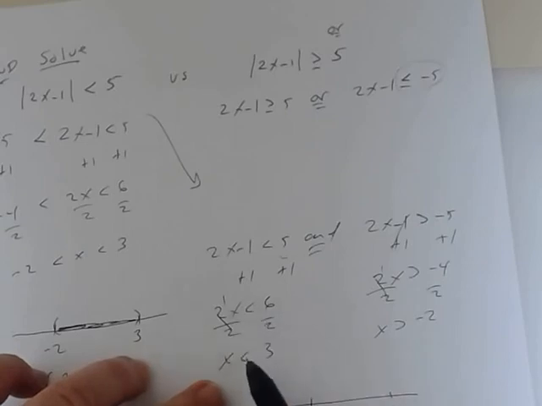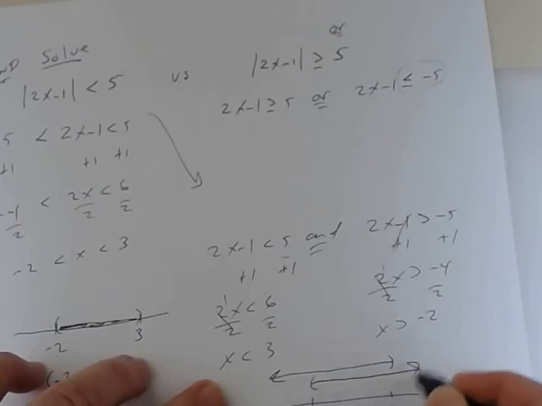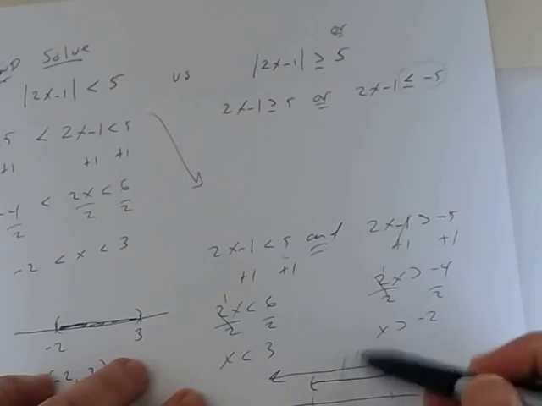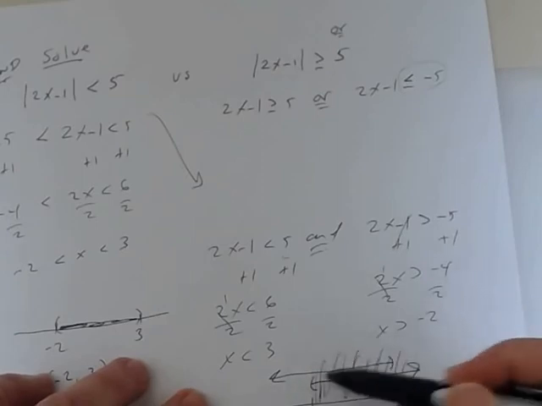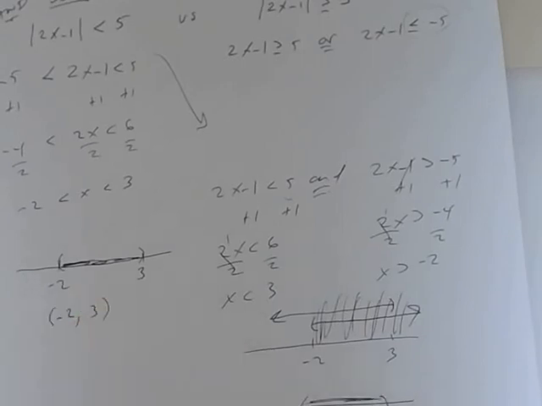This part here says that all my solutions can be less than 3, like this, right? And at the same time, they have to be what? Greater than negative 2. And then what do you look at? The part that overlaps. So your solutions are only between what? Negative 2 and 3.